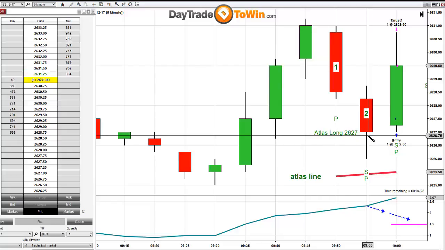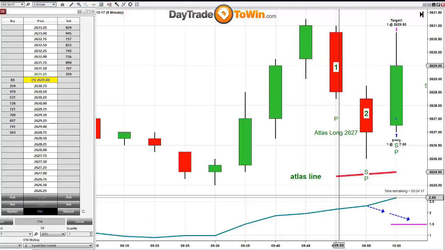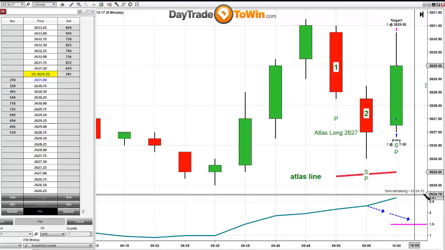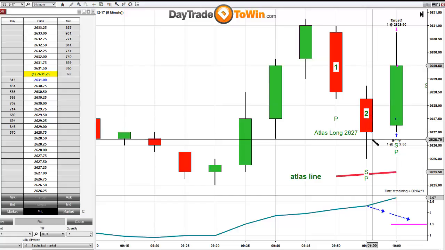Now, if you enter with a market order and it happens to be a tick away or 2 ticks away, sometimes if you're chasing it, it doesn't make sense. I don't recommend chasing the market. I do recommend trying to get a better price. I recommend having the bar timer so you know when a candle closes or opens. So as soon as this candle, whether it's red or green or doji, it's price action.